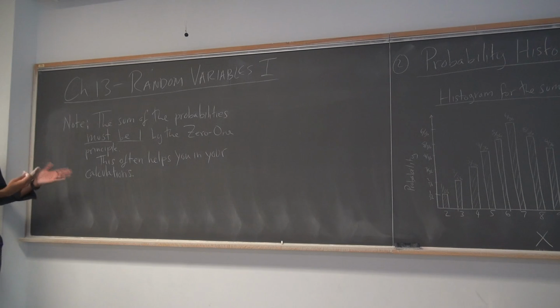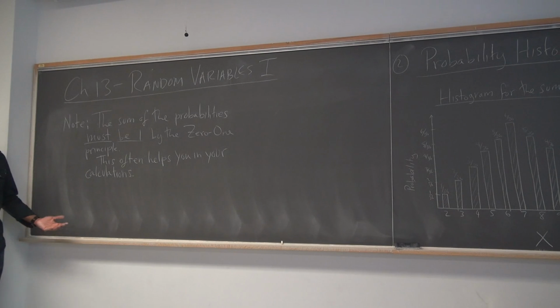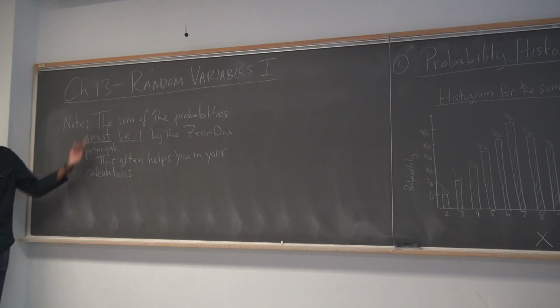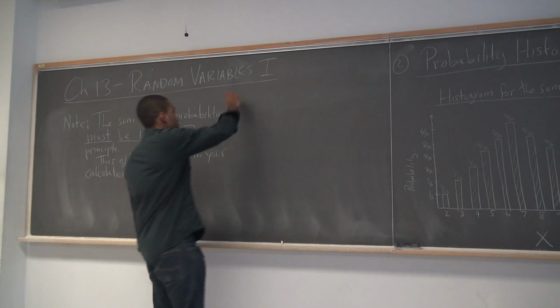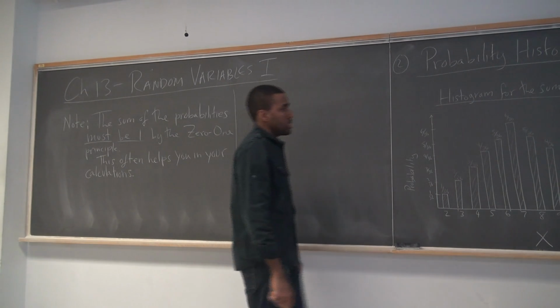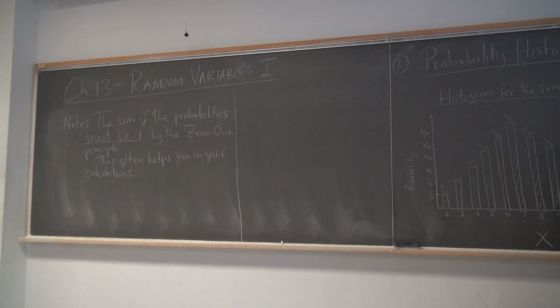If there's one situation that's hard to think about, but you know all the other situations, you can figure it out because they must all add up to 1. So you just take 1 and subtract all the probabilities that you know, and the result is the probability you have left to figure out. That's a very useful thing to know. So know that they must add up to 1.